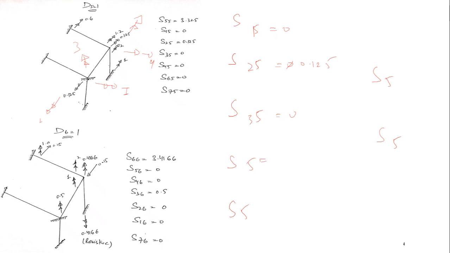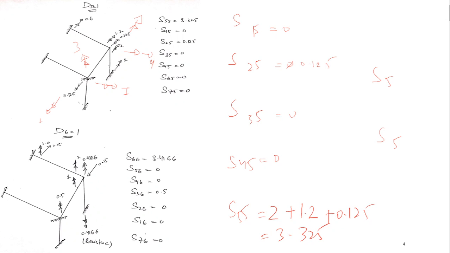So 4 is 0. However, S5 5 is a crucial activity here. I have to sum up all these things: 2, 1.2 and 0.125, and it comes out to be 3.325.